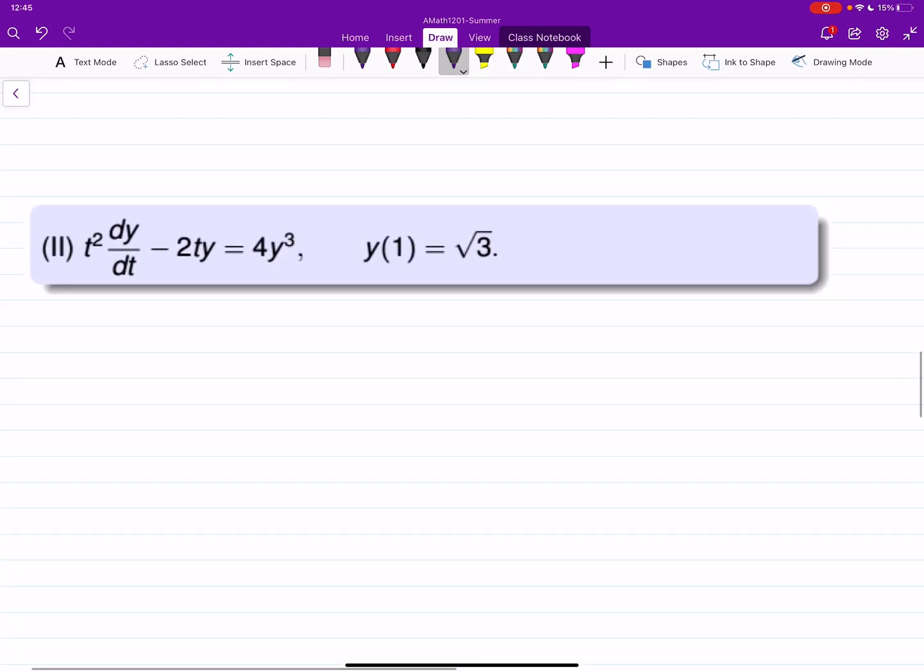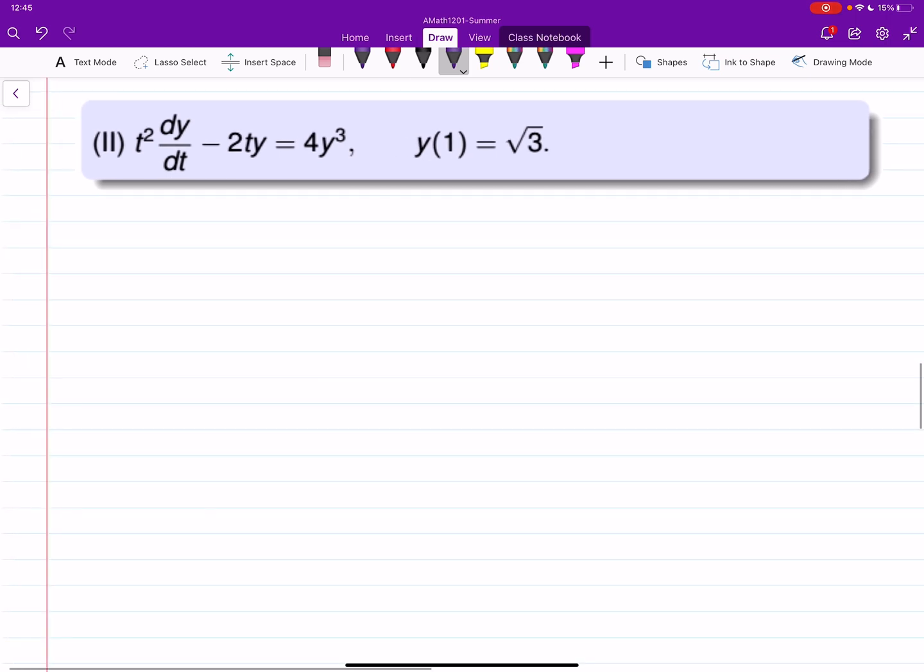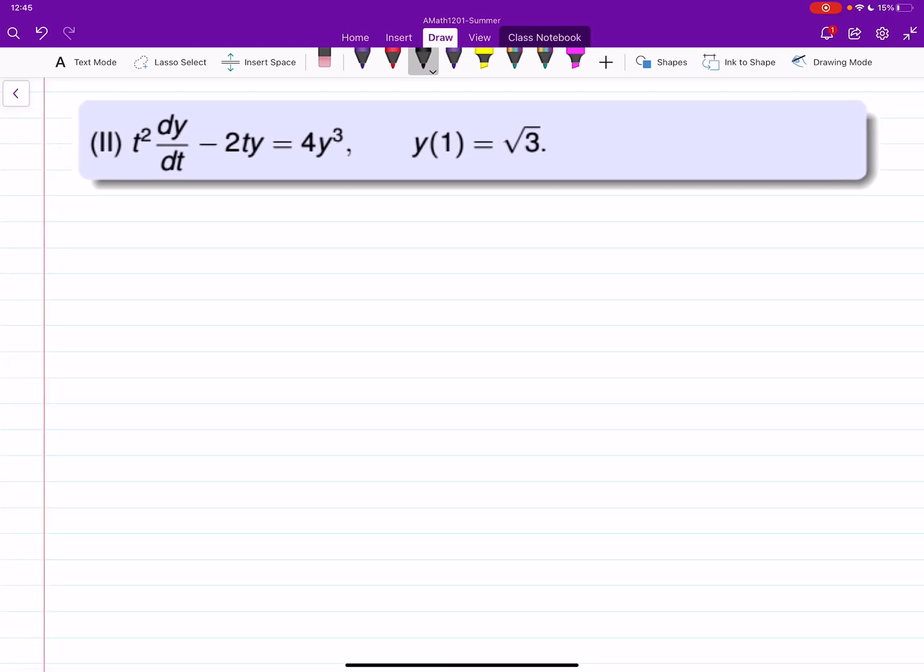Let me do another example here. So this is my differential equation. I have to be a little bit careful here because I need to do something. The first thing is I'm dividing the whole equation by t squared. So that will give me this.